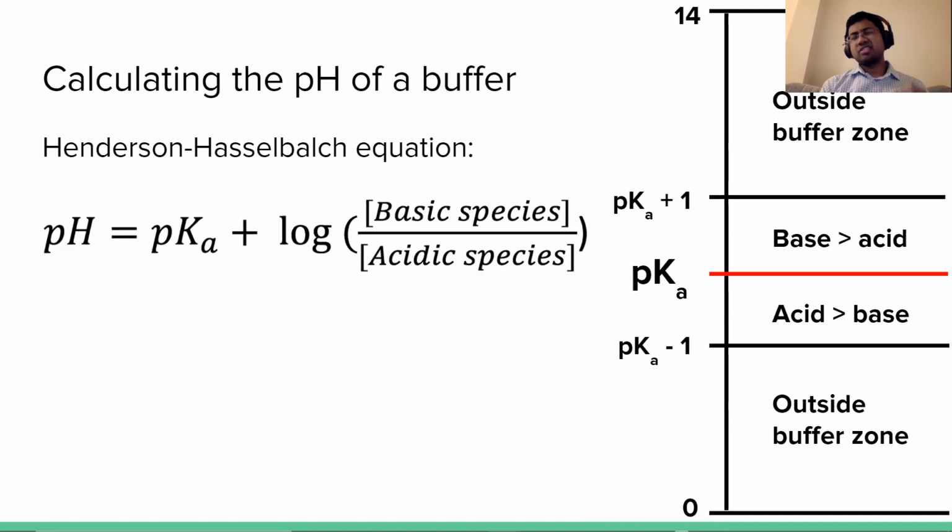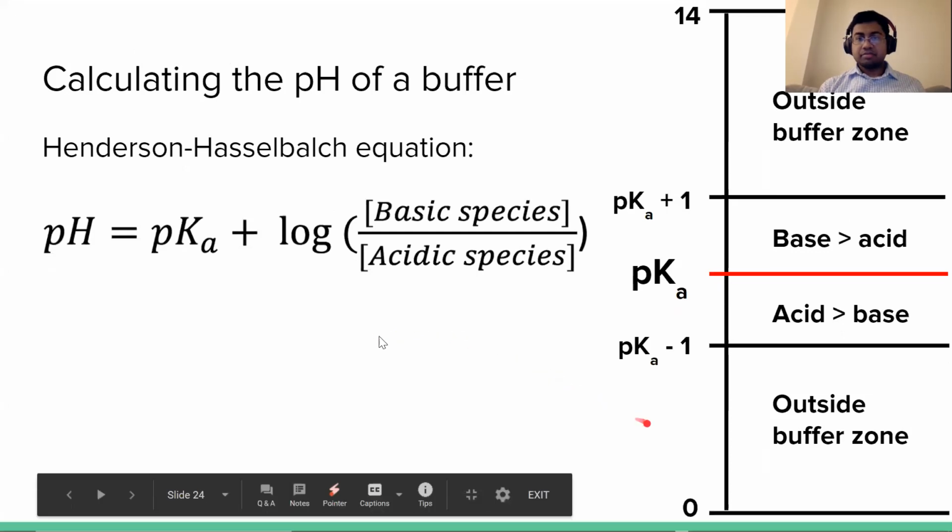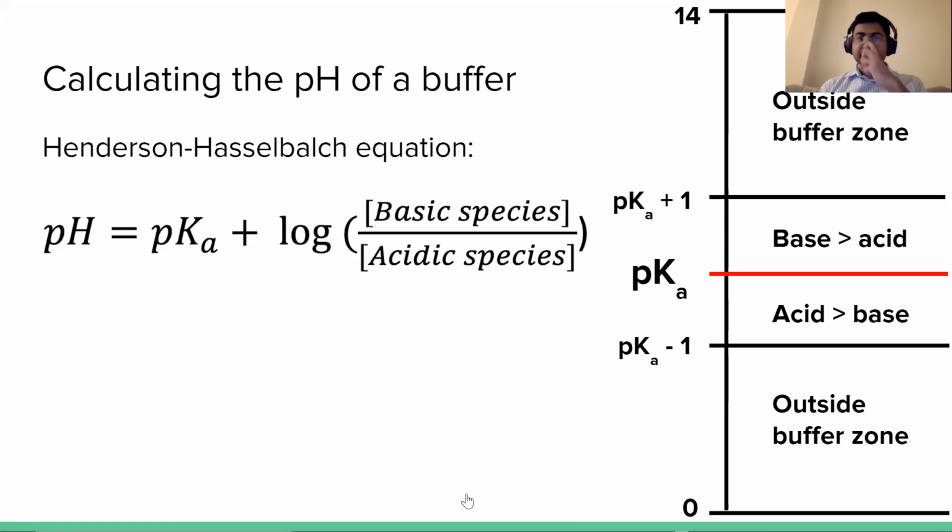And this only works if the acidic and basic species are conjugate. If you have, like, acetate and ammonia, that's not going to work. The acidic and basic species have to be conjugate. Where's the buffer region? Yeah, we'll be getting to that in just a minute.